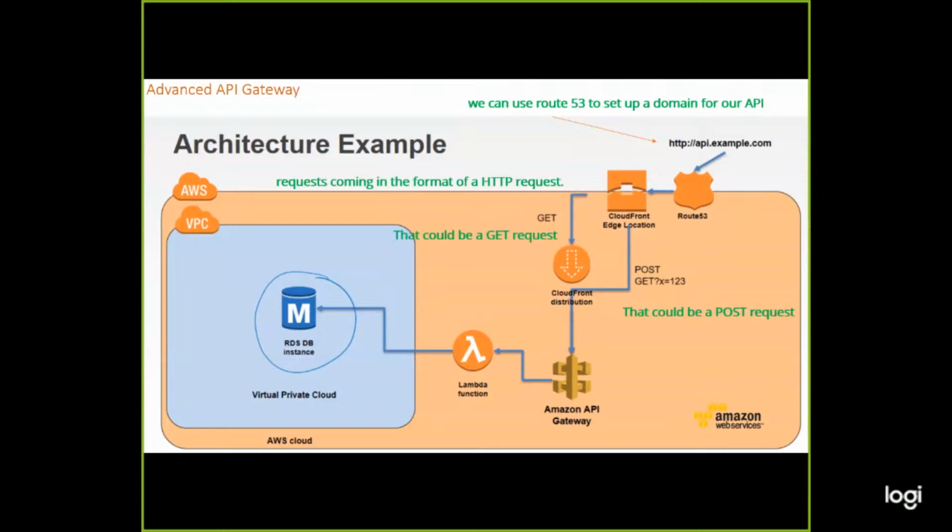Now, if it's POST or DELETE, or a GET request with a query parameter, not a general GET request, which CloudFront is not going to read, this will be bypassed from the CloudFront distribution and will go directly to the API.